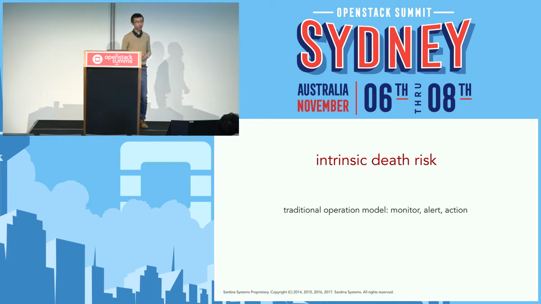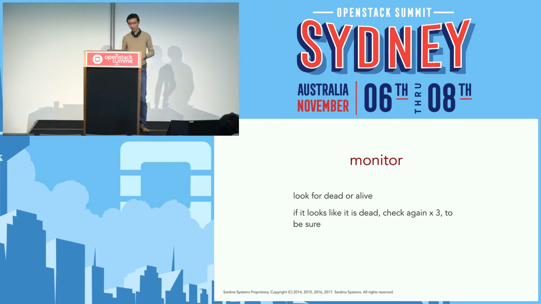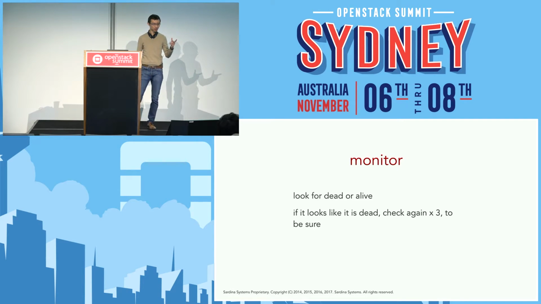So the traditional operation model, whereby you're monitoring, and then upon some condition, you trigger an alert, you then take some action. But monitoring, what you're really doing is you're looking for dead or alive. If it looks dead, because you're sending probes, is it alive?